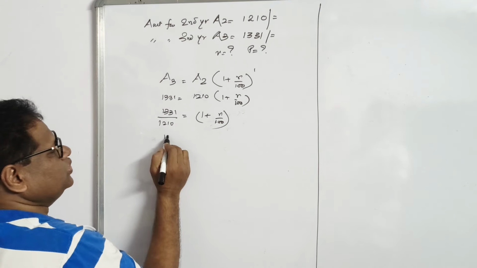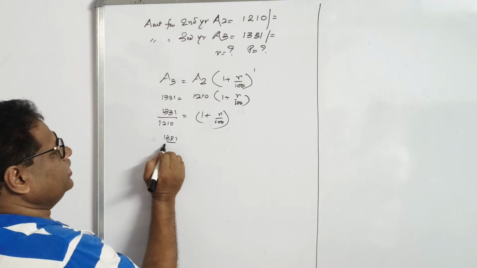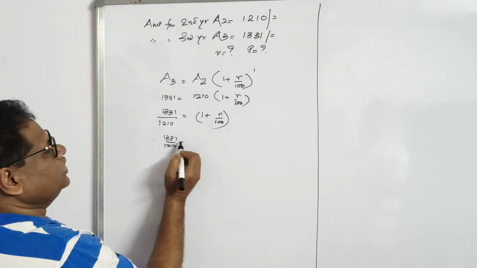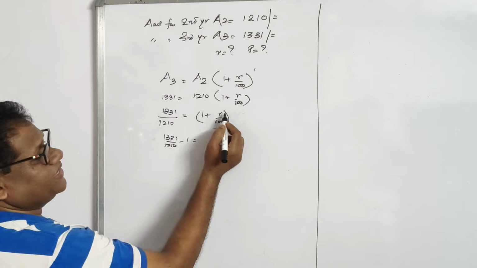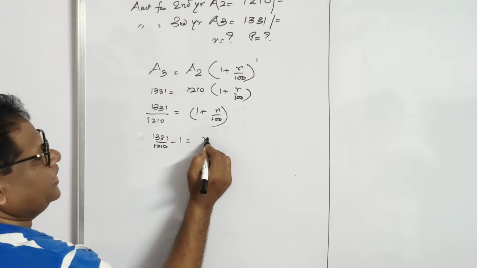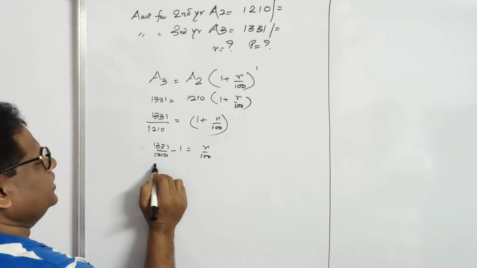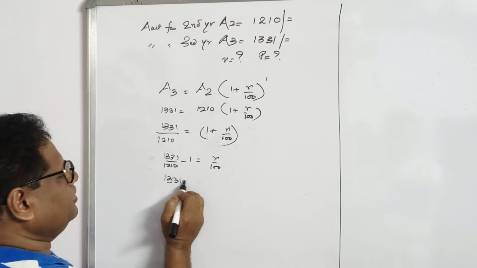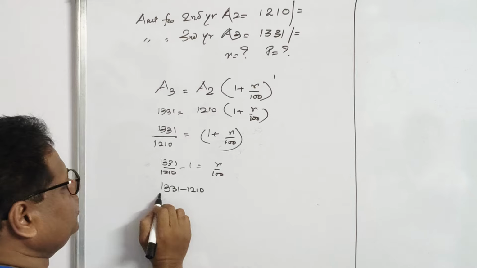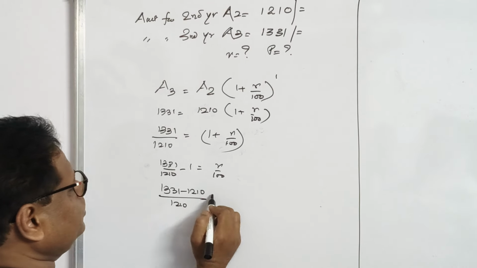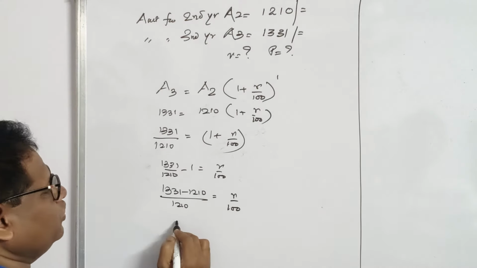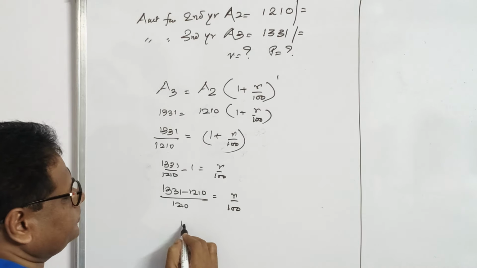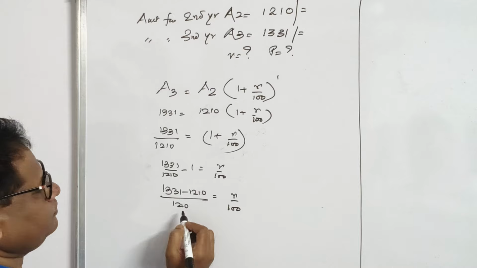So it comes to now 1331 by 1210. Subtract 1 from here because this can't be added since R is missing. That comes to R by 100. So it is 1331 minus 1210 by 1210, which is R by 100. Okay. So here we have 121.